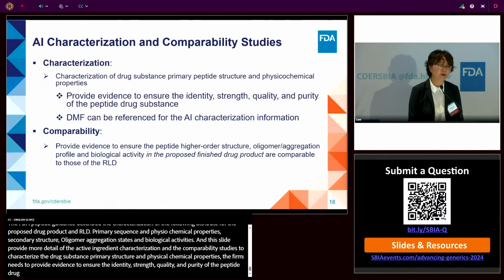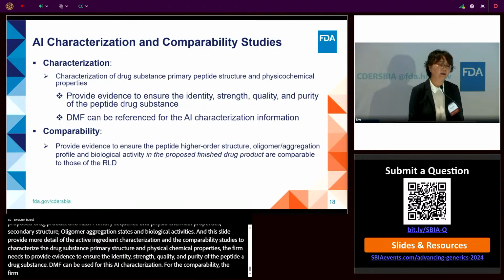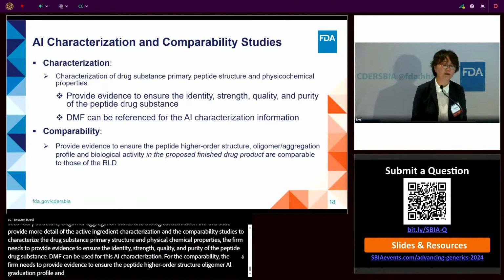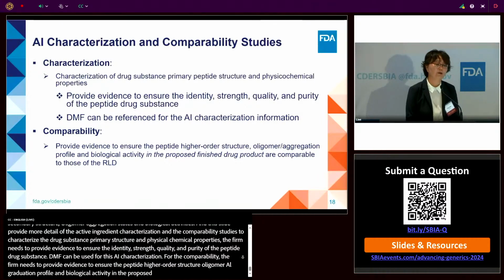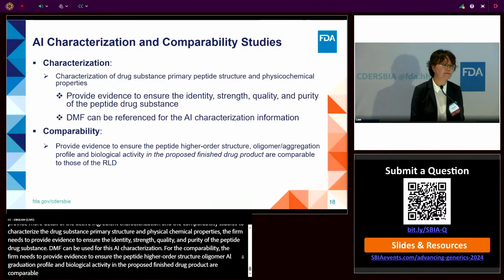DMF can be used for this AI characterization. For the comparability, the firm needs to provide evidence to ensure the peptide higher order structure, oligomer aggregation profile, and the biological activity in the proposed finished drug product are comparable to those of the RLD.